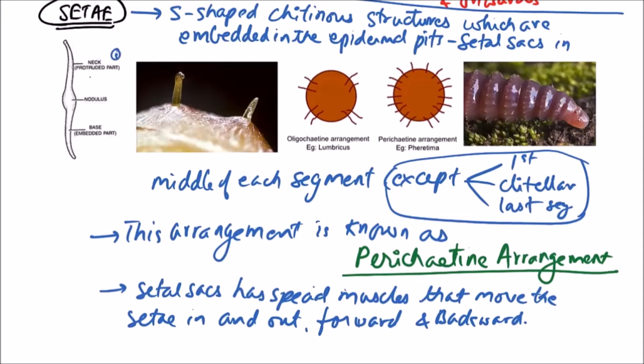First one is neck, middle one is dilated part nodule, and the third one is base. The base is basically embedded in the setal sac, and the neck part is the protruded part, which can be visible from outside if keenly observed. So this is a neck or protruded part of the setae coming out of the body wall. This arrangement is known as periketine arrangement, which can be easily observed. These are the setae coming out in the periketine manner.